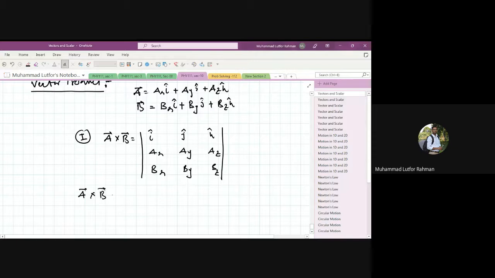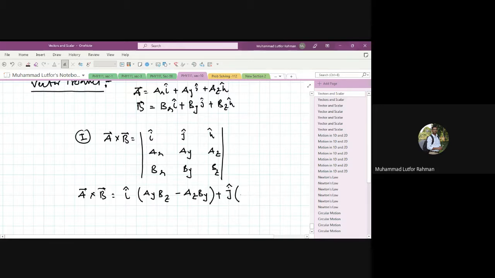For the determinant process, I first take the x coefficient: ay bz minus az by. Instead of using the plus sign for the middle term, you will sometimes find a minus sign; I'm coming to that point.